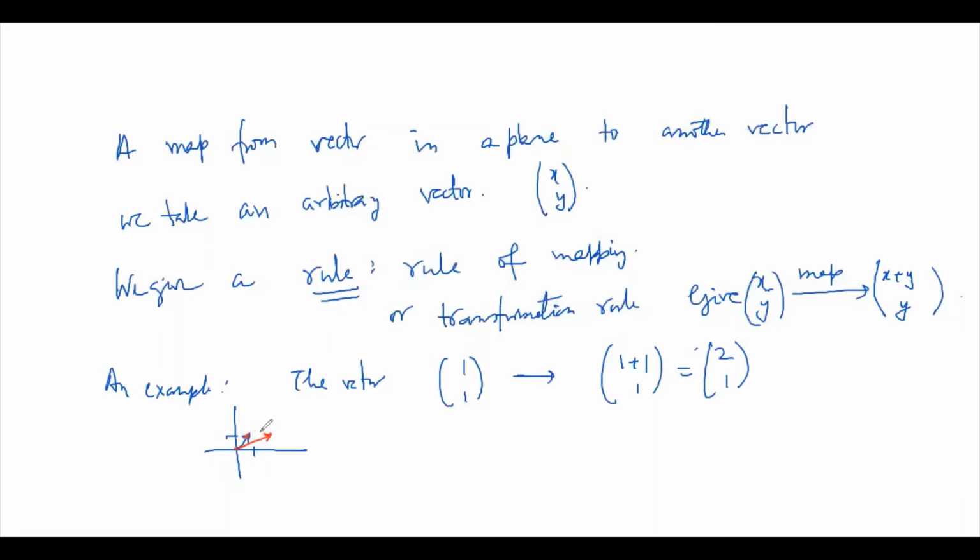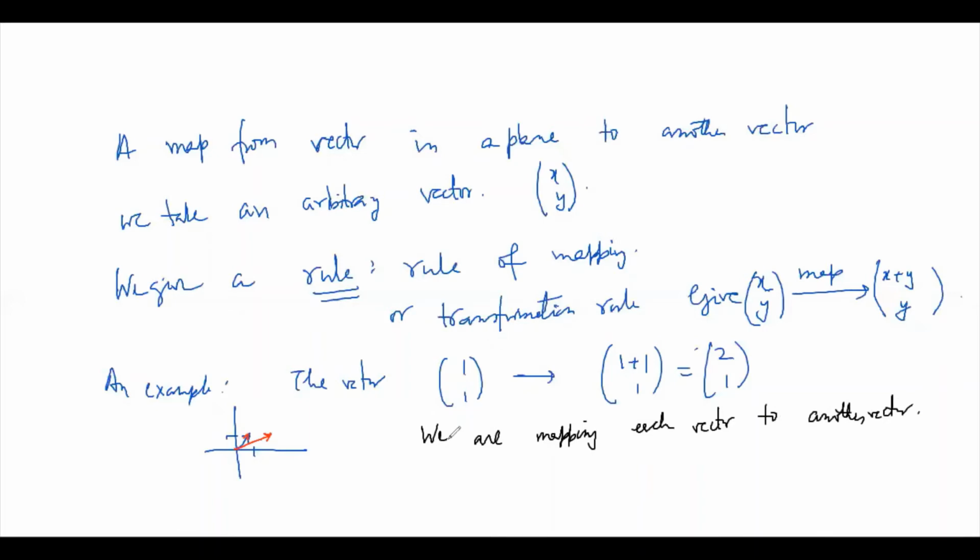We just map it. So let's write down the most critical thing. We are mapping each vector to another vector. Okay, that's all we are doing.